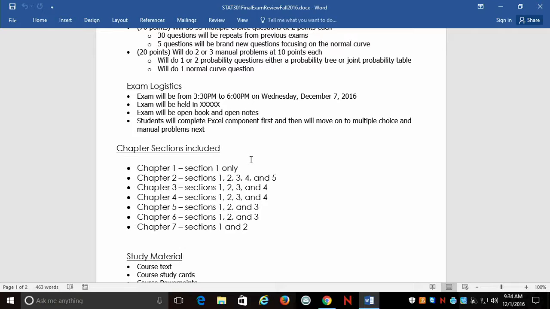Chapter 2, we covered all of chapter 2, and that was all on graphical descriptive statistics. One of the important components there was the types of data. You remember types of data like nominal, ordinal, interval, and then based on the data, we determined what kind of graph we're going to create. You guys recall that was in chapter 2.